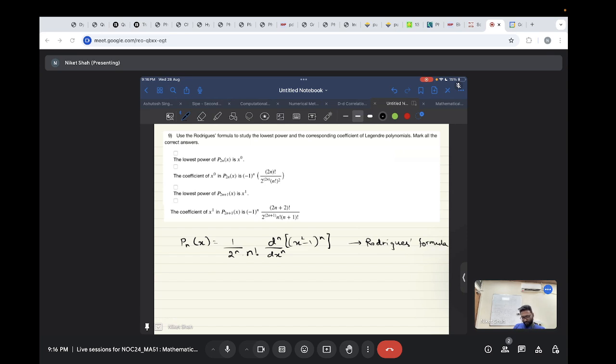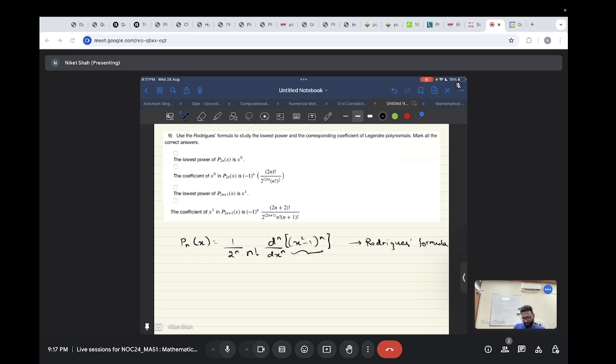Okay, so now when I have this, what I can do is again do a binomial expansion for the inside.